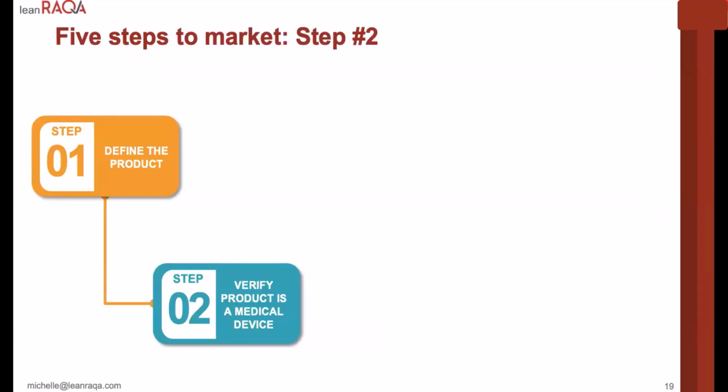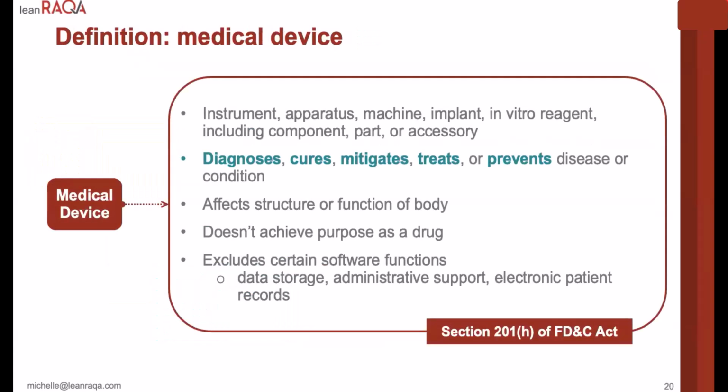So now that we've defined what our product is and our intended use and indications for use, let's look at how we would go about verifying that this product is a medical device. The definition of a medical device is, first and foremost, that it has to diagnose, cure, mitigate, treat, or prevent a disease or a condition in a way that affects the structure or function of the human body, in a way that doesn't achieve its purpose as a drug.